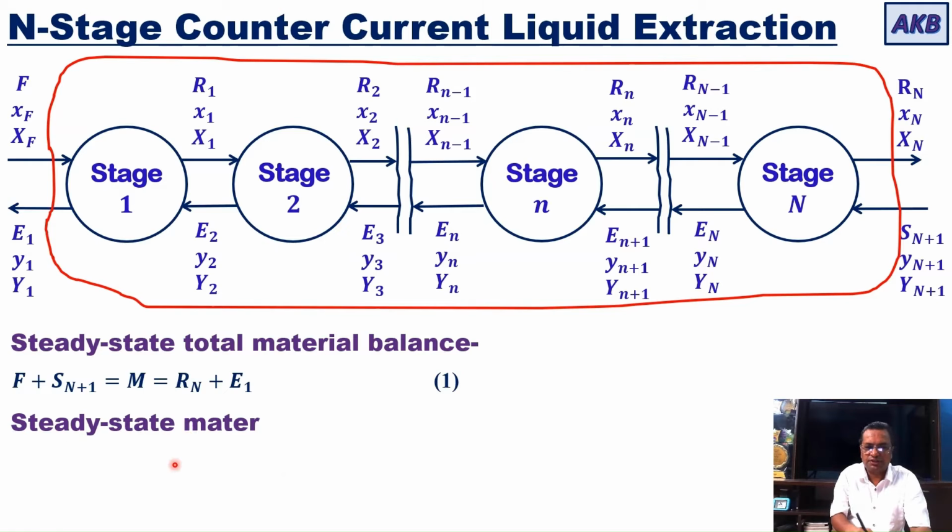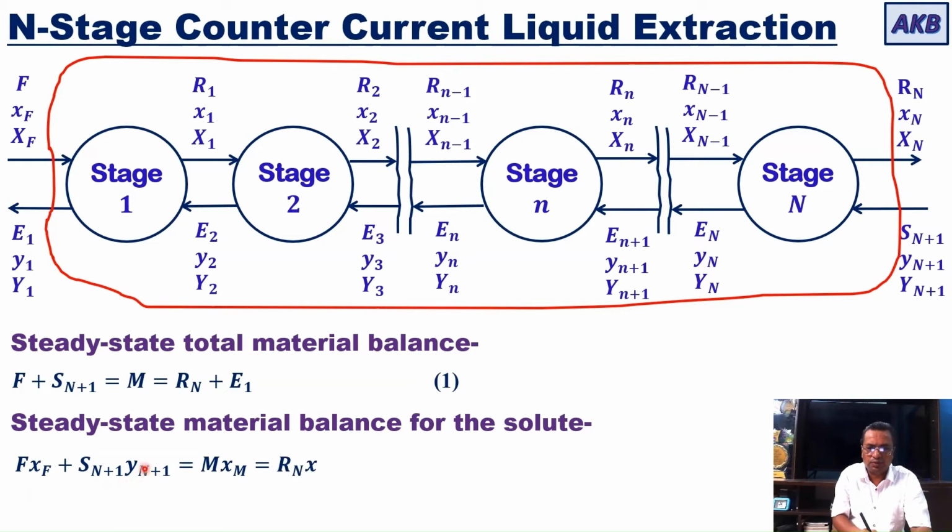Now let us write the steady state material balance for the solute C. It will be written as F into XF plus Sn+1 into Yn+1, that is equal to M into Xm, that is equal to Rn into Xn plus E1 into Y1.